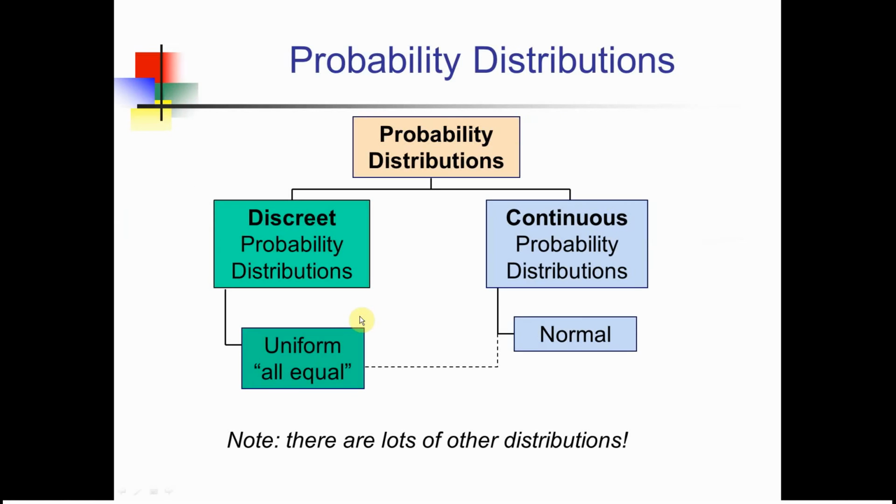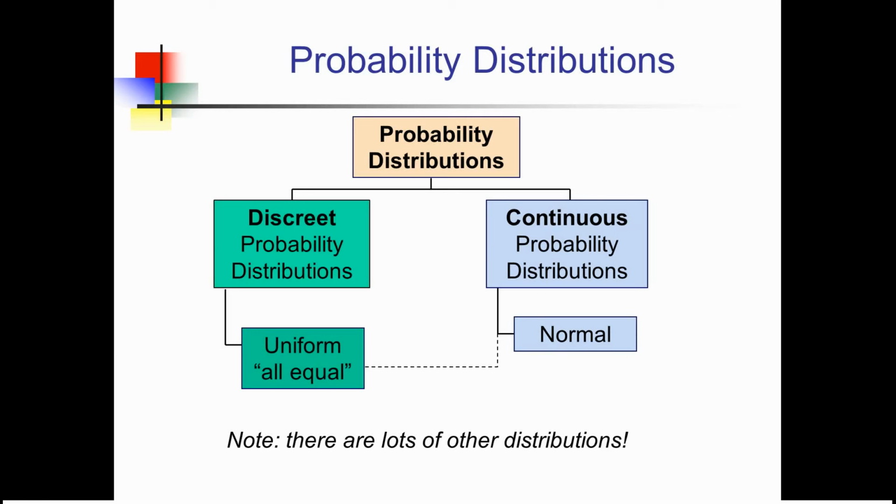So to begin, the normal distribution is a probability distribution, and it's a continuous probability distribution. Probability distributions come in two varieties: discrete and continuous. We'll talk about the differences in a minute. Discrete probability distributions are probably what you're most familiar with.